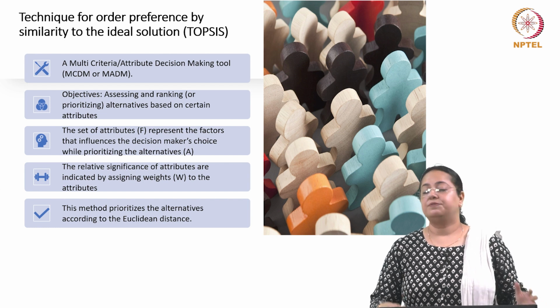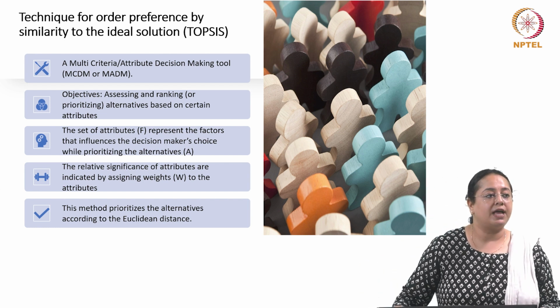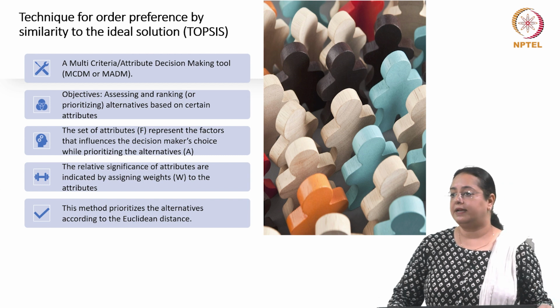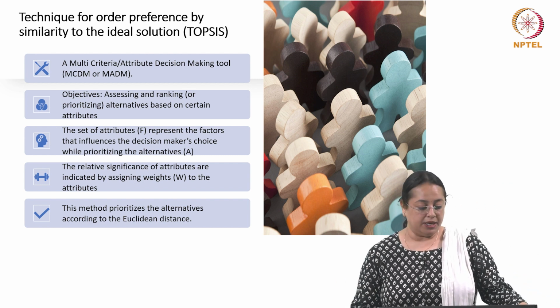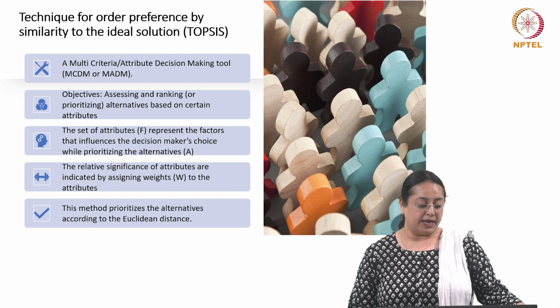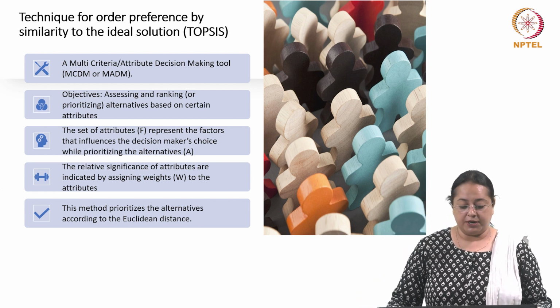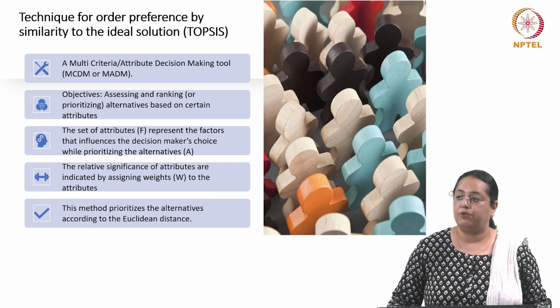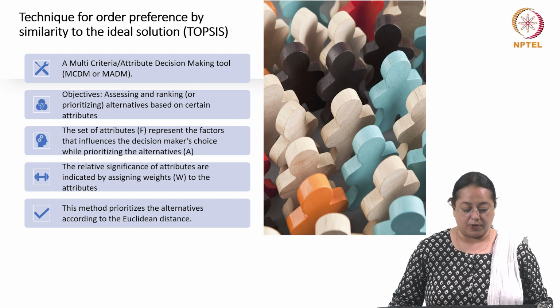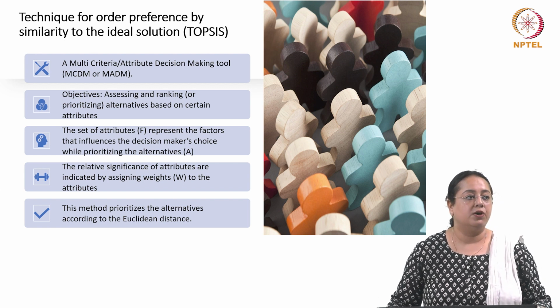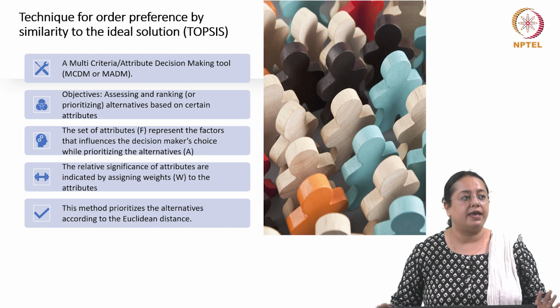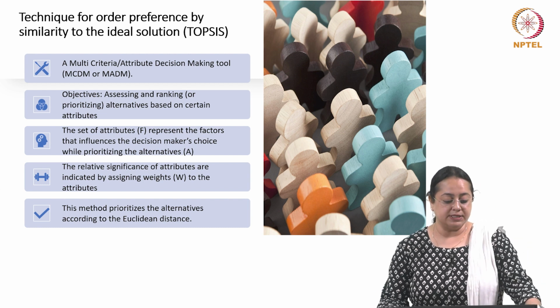In the last class we saw that attributes can be management capability, quality related, or delivery related. This set of attributes represents the factors that influence the decision maker's choice while prioritizing the alternatives. So this is the aim of TOPSIS.